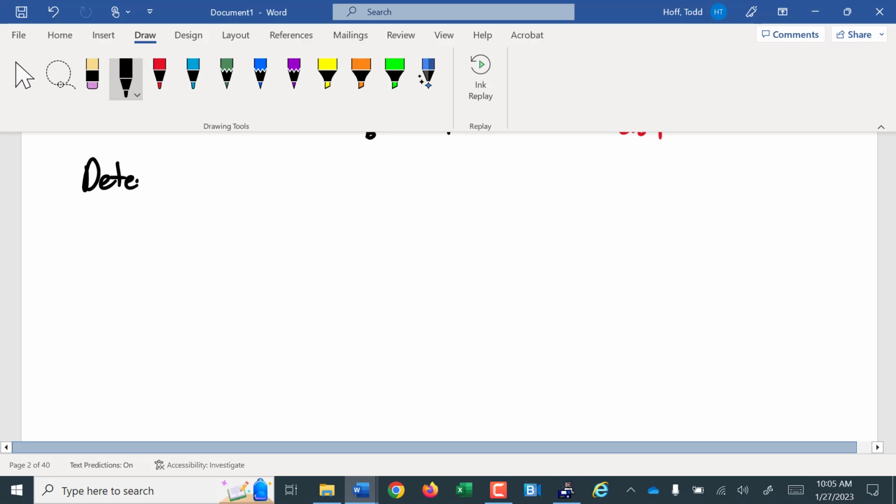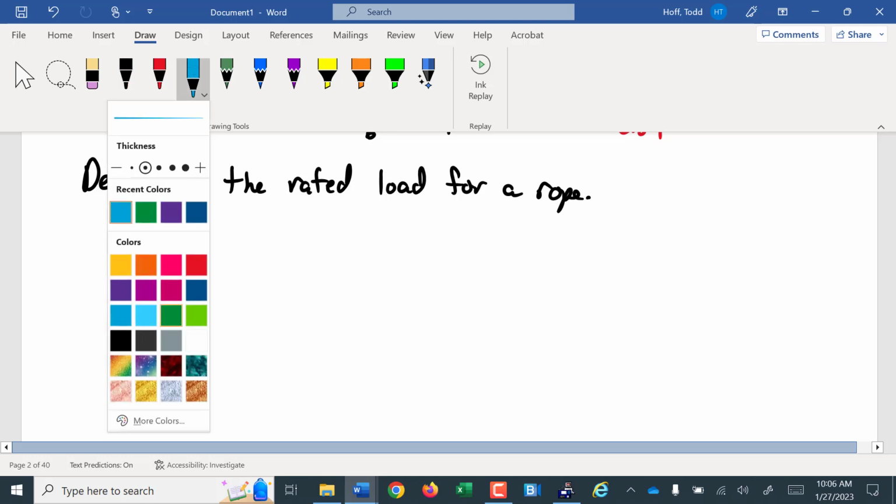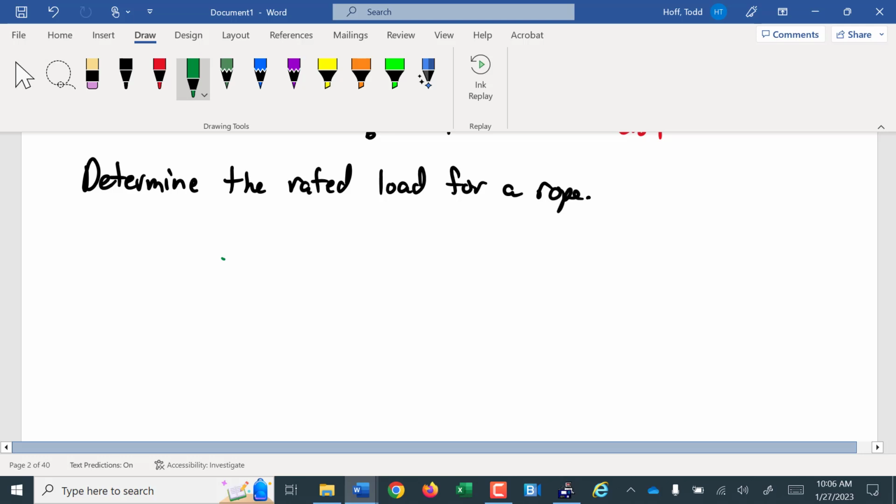So we're going to determine the rated load for a rope. So the rated load after bending is just the rated load, the full rated load, times that bending allowance, that bending efficiency off the chart.